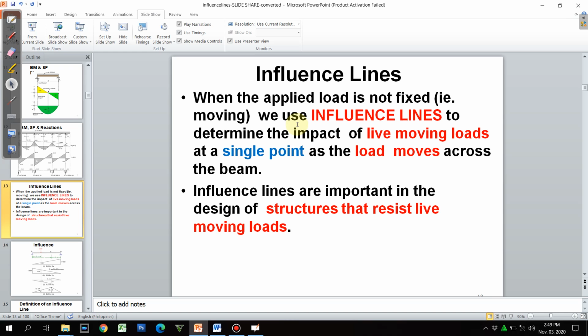Influence lines are important in the design of structures that resist live load. Through your influence line, you can foresee, simulate, or look at the behavior or the response of your structure when it is loaded, and again your loading is moving.